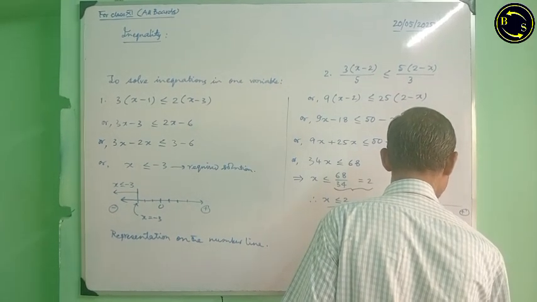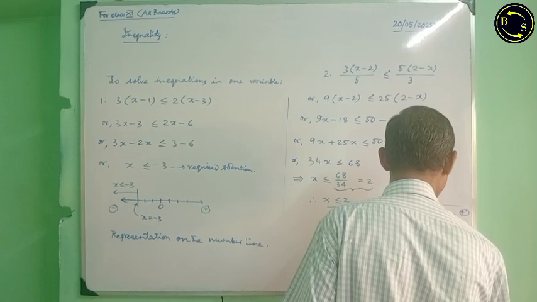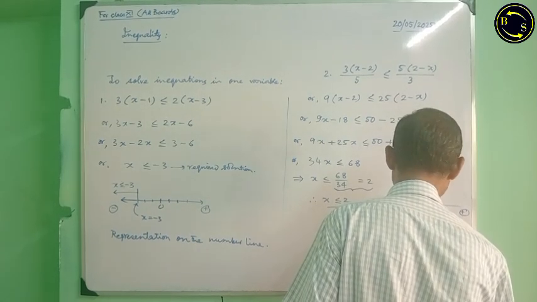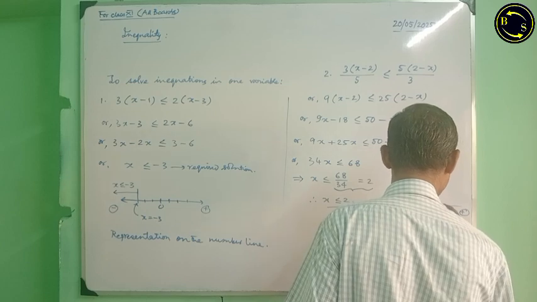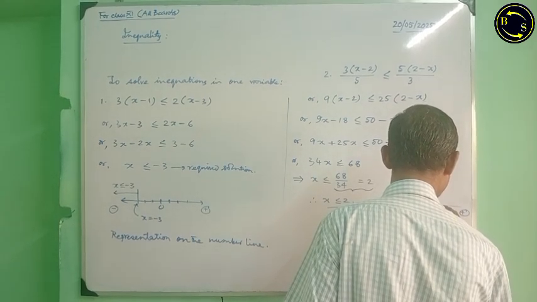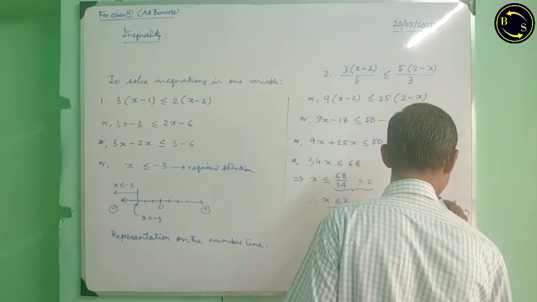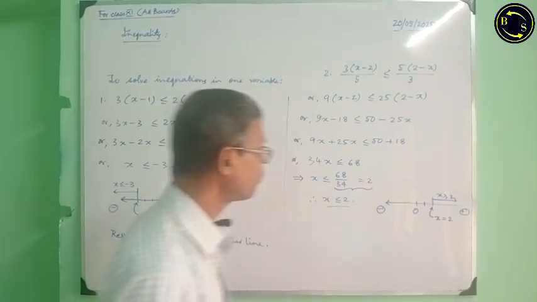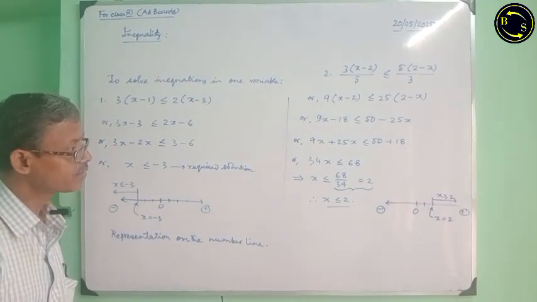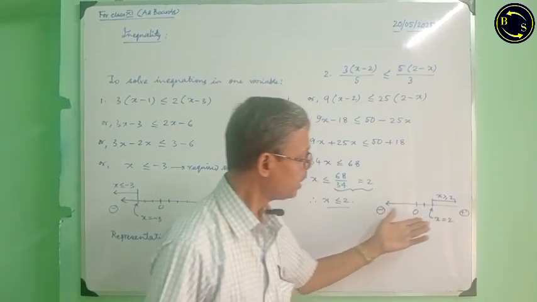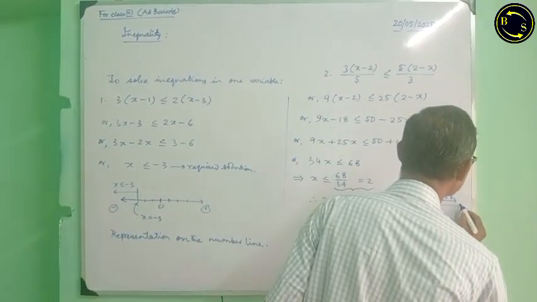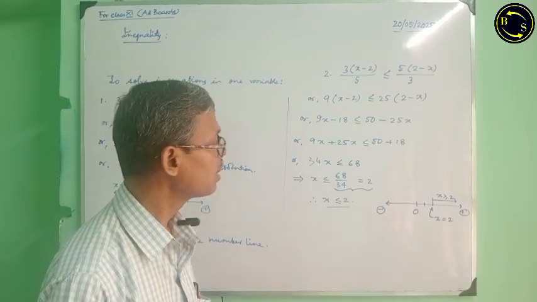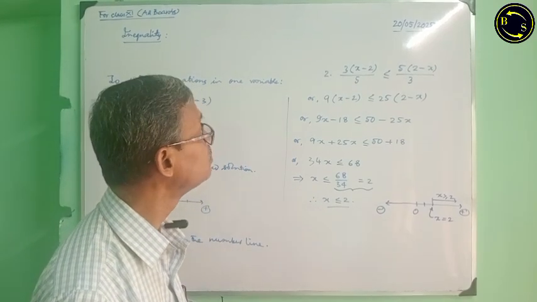We scale, and x less than or equal to 2 is represented with the help of the number line. This is the diagram. This is the solution.